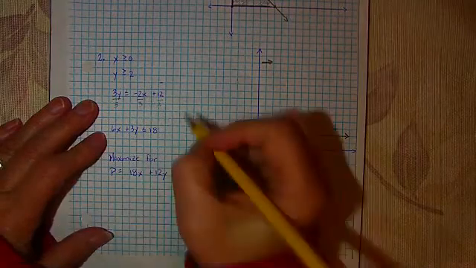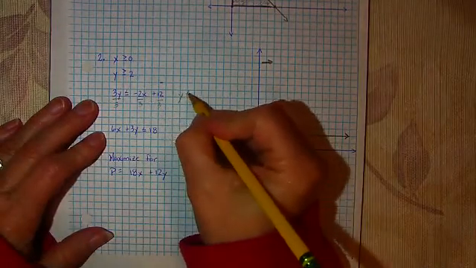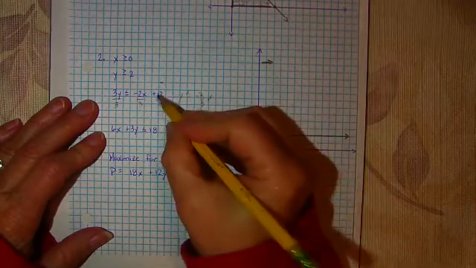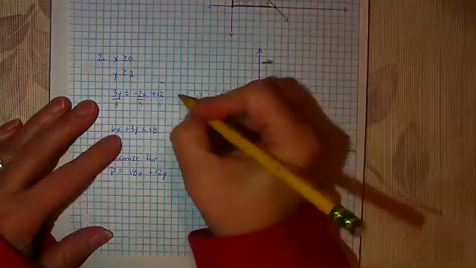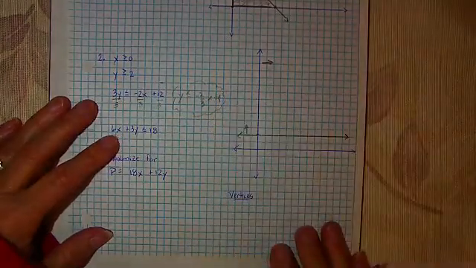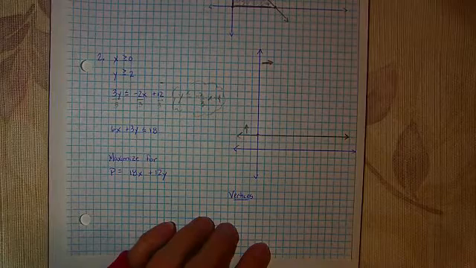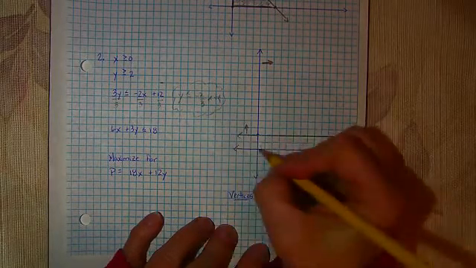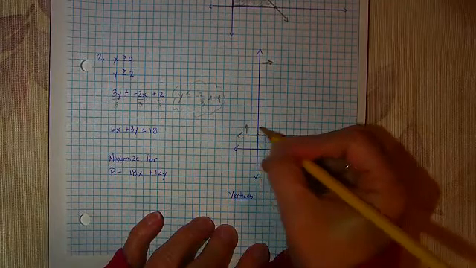So we would have y less than or equal to negative 2/3 x plus 4. There's my last inequality. In slope-intercept form, my intercept is 4. So 1, 2, 3, 4.